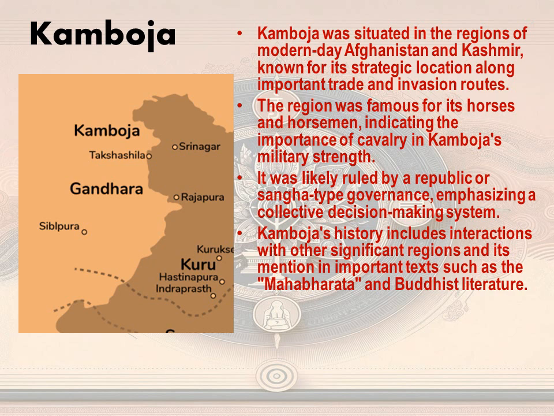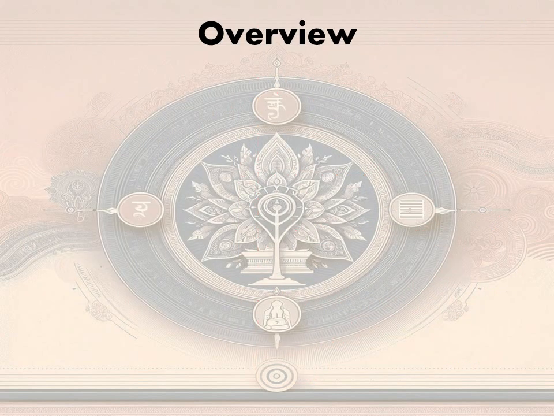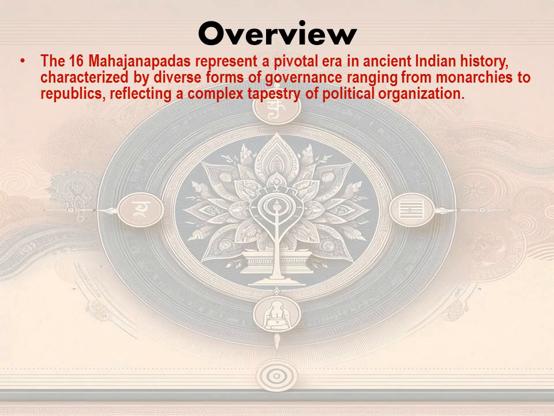So Kamboja has been mentioned in the Mahabharata and also in Buddhist literature, and its location can be assumed to have been on India's border with Afghanistan. The kingdom's engagement in regional politics, trade and cultural exchange highlights its active role and interconnectedness in the political and economic landscape of ancient India.